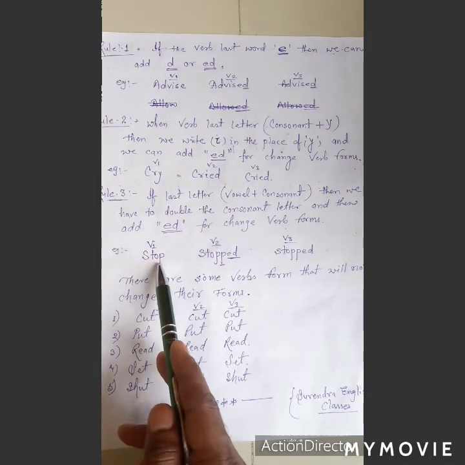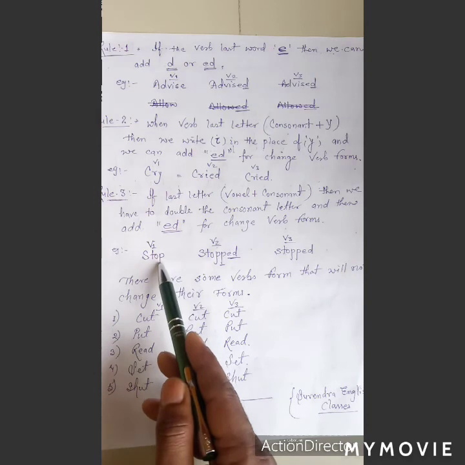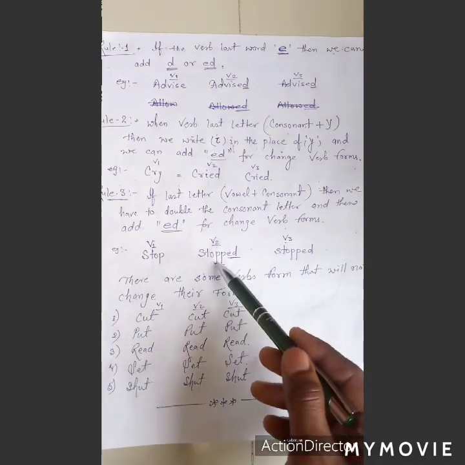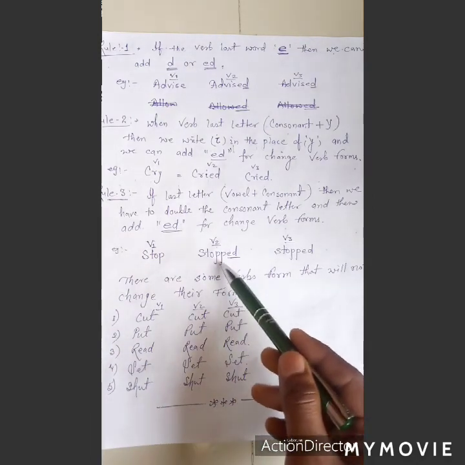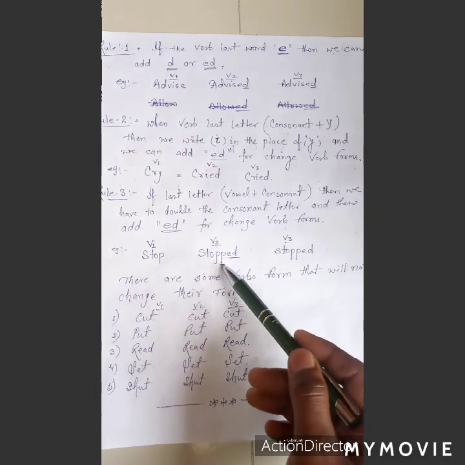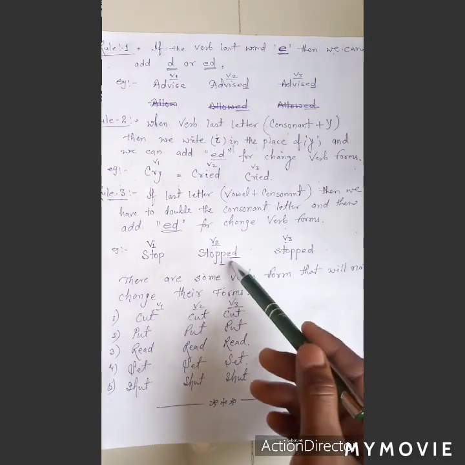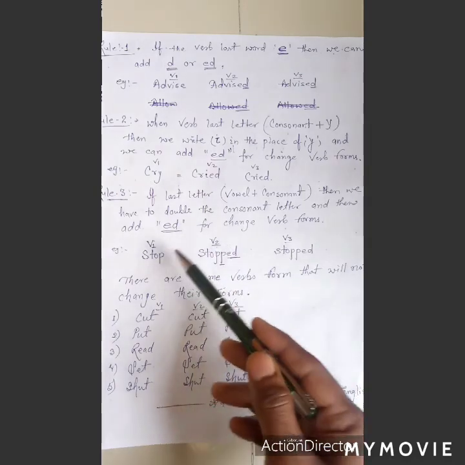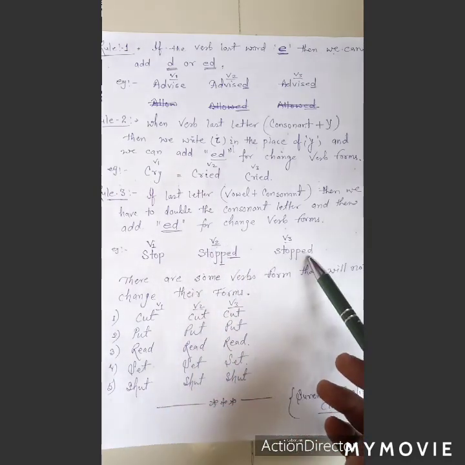When we change the forms, we double the last consonant letter, p, and then add ed: stop, stopped, stopped.